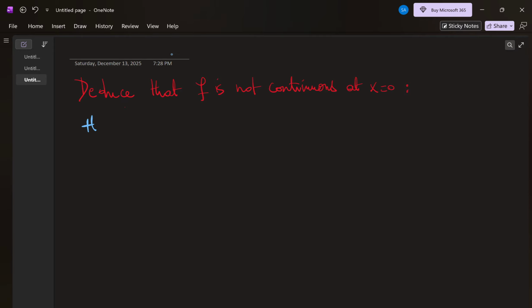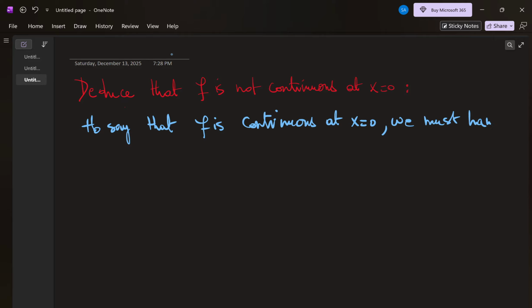To say that f is continuous at x equals 0, we must have that the limit as x approaches 0 of f of x is equal to f of 0.